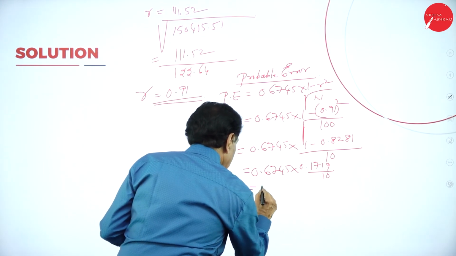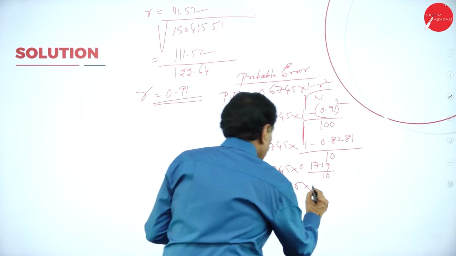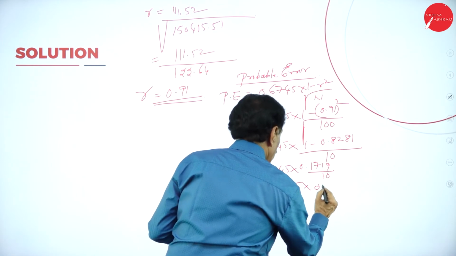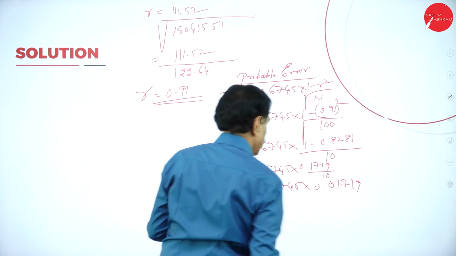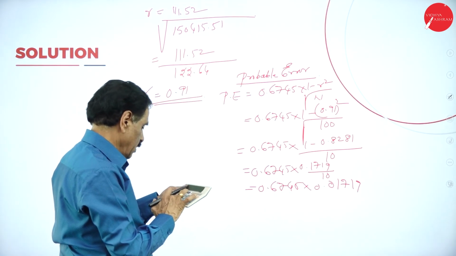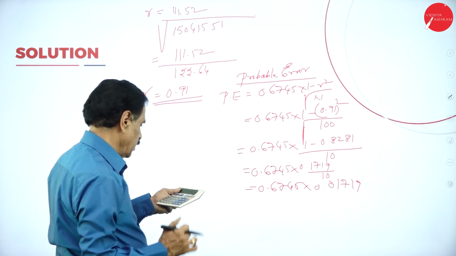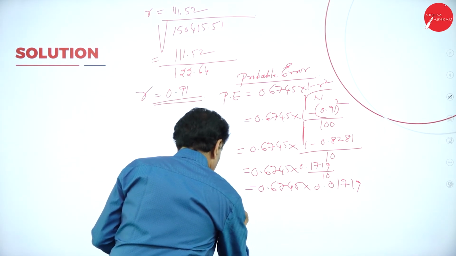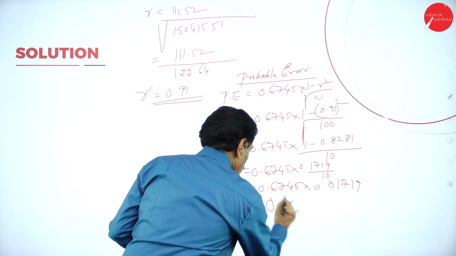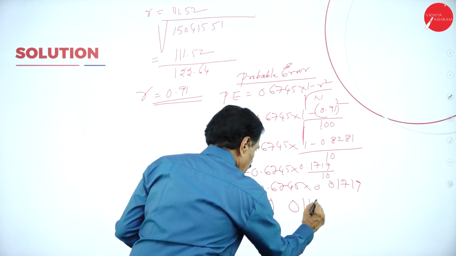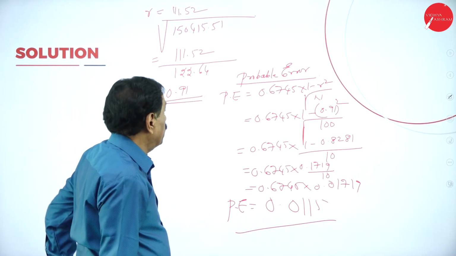That is 0.6745 into 0.01719. Probable error is equal to 0.0115, less than 1. Surely, slowly you have to apply the formula.